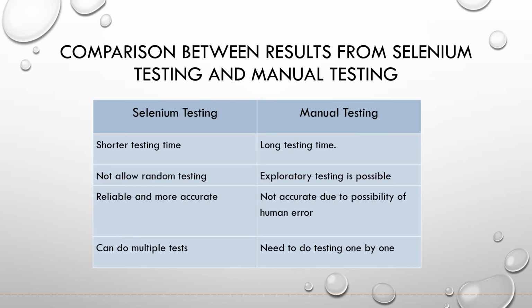And Selenium testing can do multiple tests because it uses the system to test automatically. And manual testing needs human power, so it needs to do the testing one by one if there is only one tester.